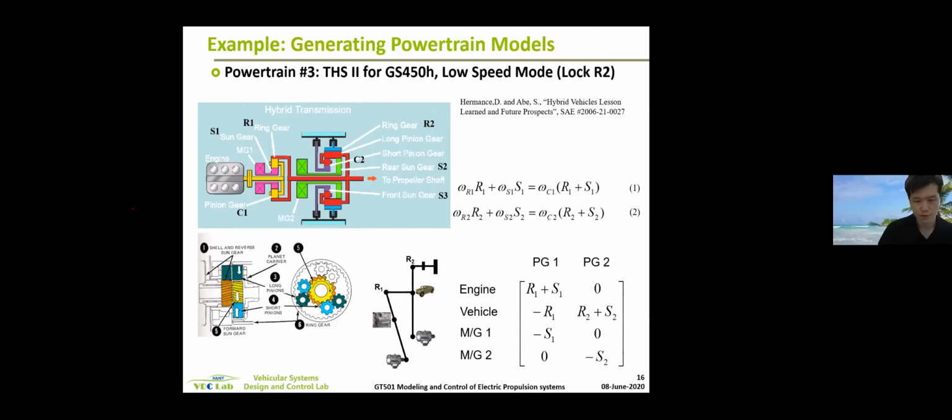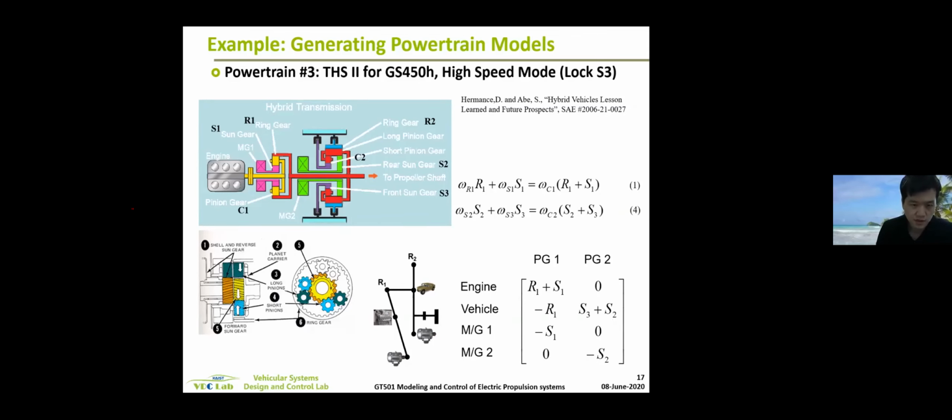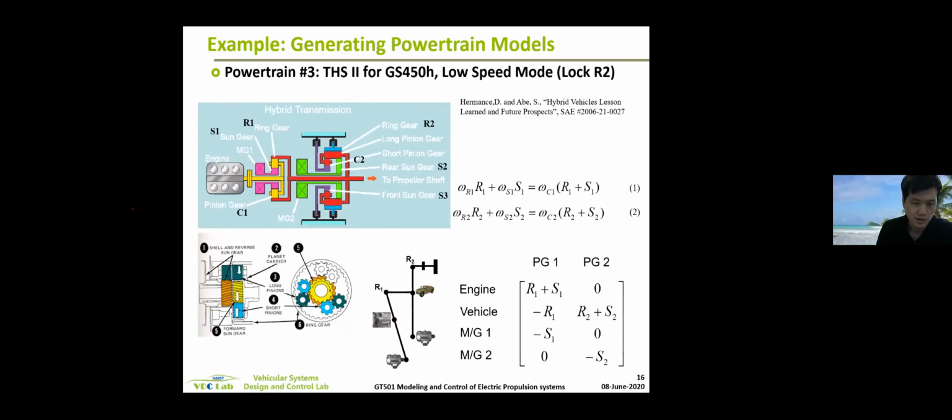So you have two modes: low speed speed reduction gear and high speed speed reduction gear. So low speed, high speed. So this part changes, okay?